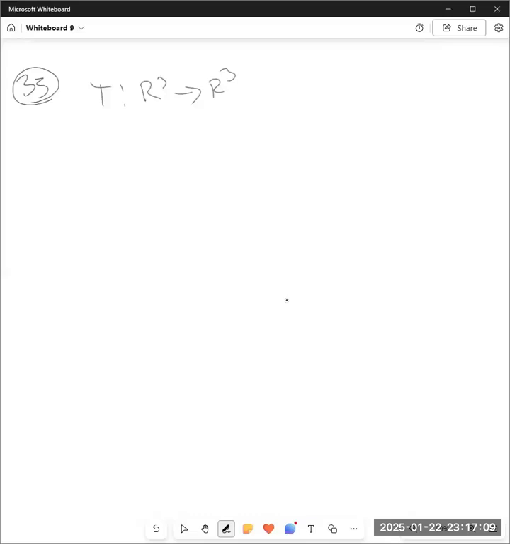So the rank of T is going to be equal to 0. And we already talked about nullity plus rank needs to be equal to the n of the m by n matrix.